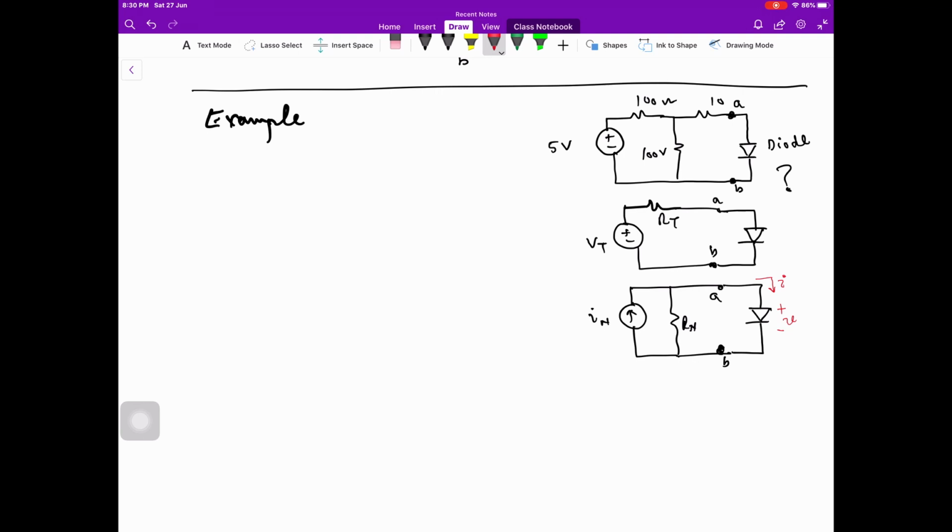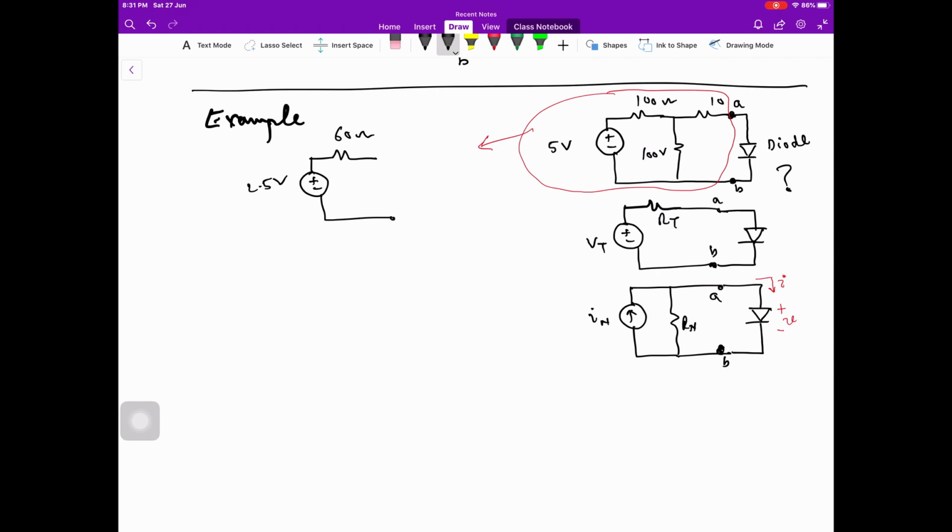It is not very straightforward. So first of all, we see what is the Thevenin equivalent seen by the diode. I hope you should be able to do it. The Thevenin equivalent seen by the diode is just two elements: the Thevenin resistance is 60 ohm, and this is 2.5 volt.